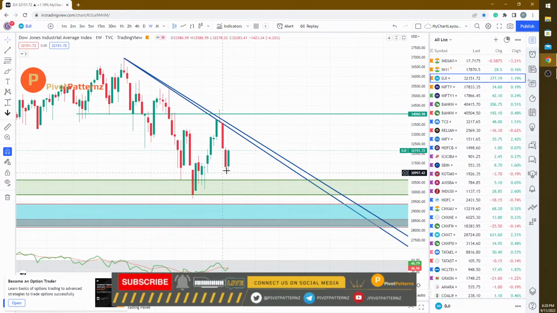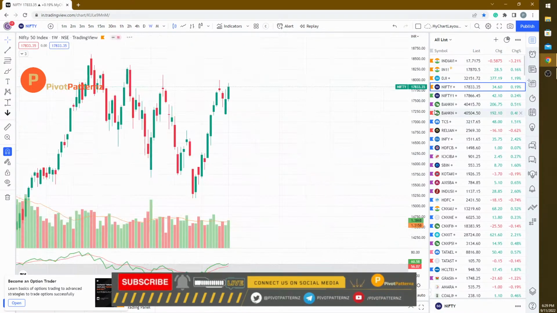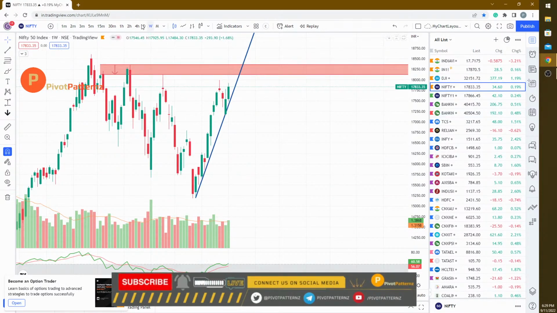So it has negated all the bearishness in the US market. So if this rally continues, we are heading towards 33,550 on the Dow Jones. Similarly, I have the same view on Nifty as well.